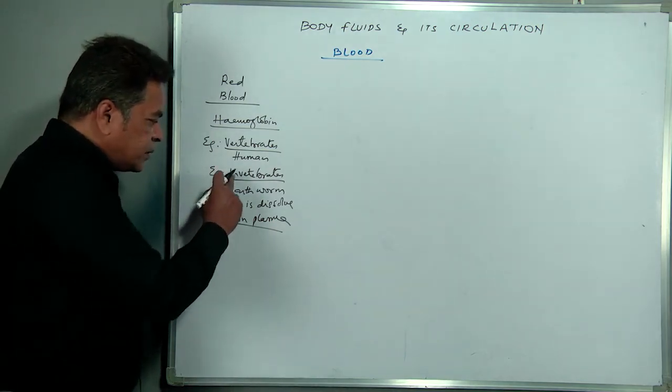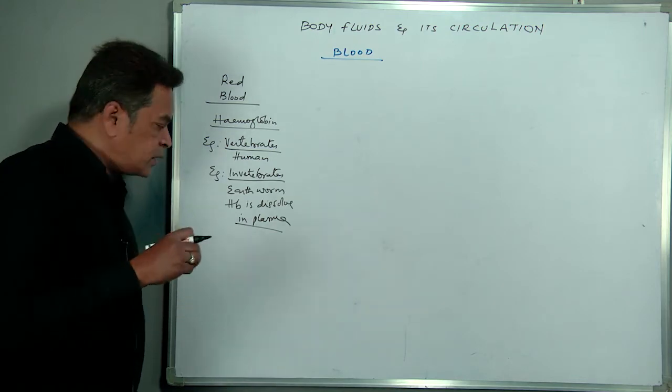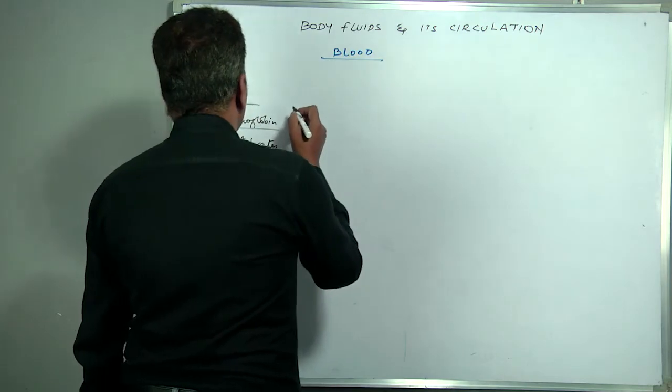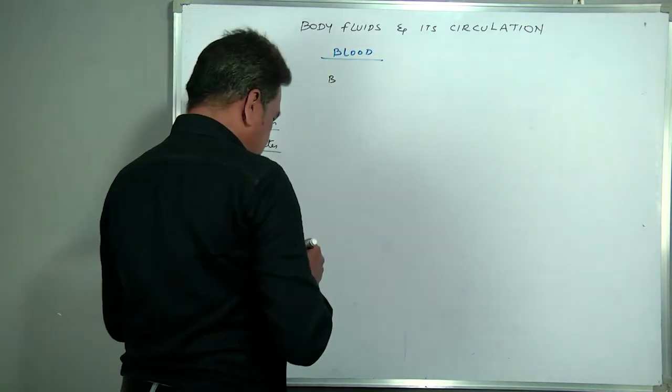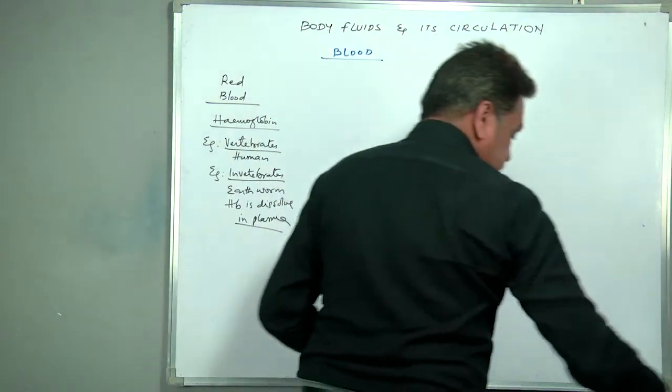In invertebrates like the earthworm, you find hemoglobin dissolved in the plasma. Then this is red color. Even blue color blood. Okay, let me write blue.